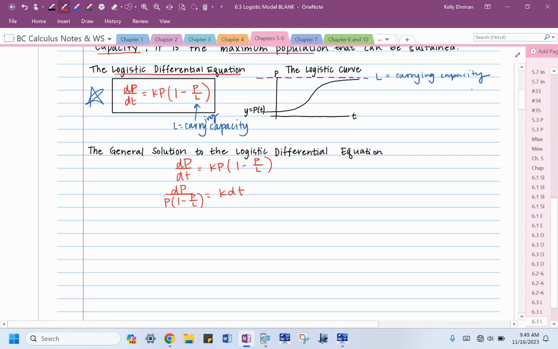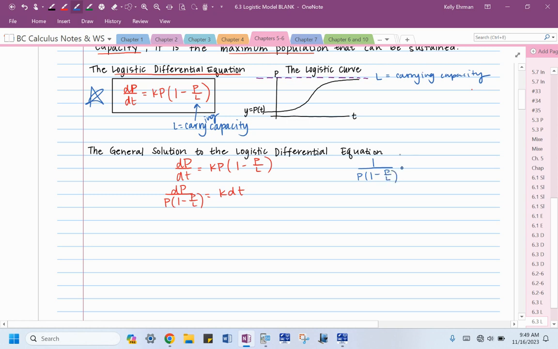So I would like to separate this out and figure out what two fractions add up to give me 1 over P times 1 minus P over L. So let's do that work off to the side over here. All right, so let's start here. We have 1 over P times 1 minus P over L. Let's get rid of this complex fraction.